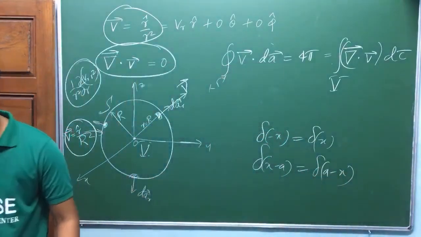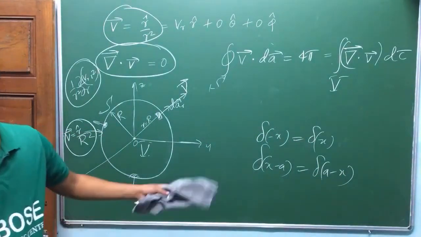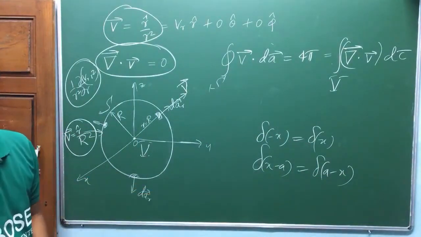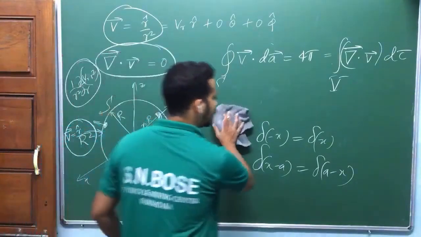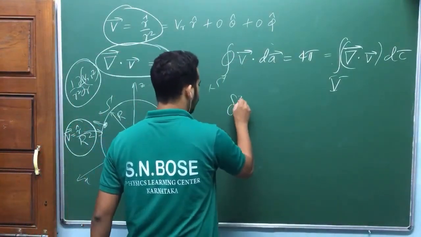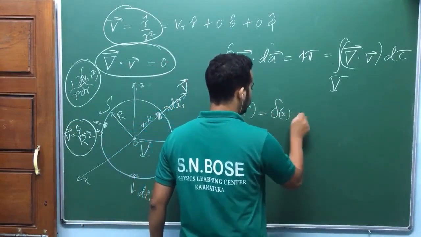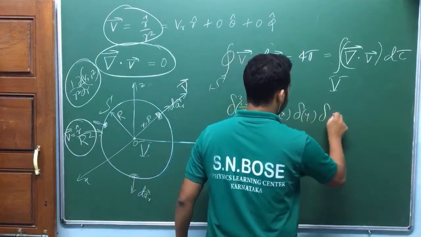Now let me quickly get into the three-dimensional Dirac delta, because we are dealing with three dimensions here. Is that okay? The three-dimensional Dirac delta is defined like this: delta cube of r is equal to delta x, delta y, delta z.